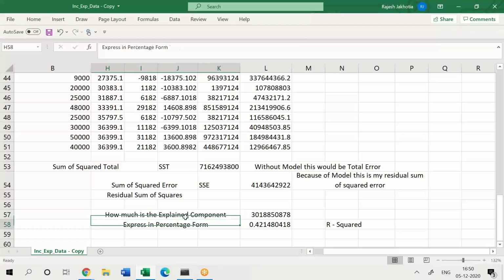Now we'll come to this very shortly, but for now, quickly try to understand this much and do the calculation at your end in Excel, and then we'll see what is this explained variance, unexplained variance, and the significance of R squared.